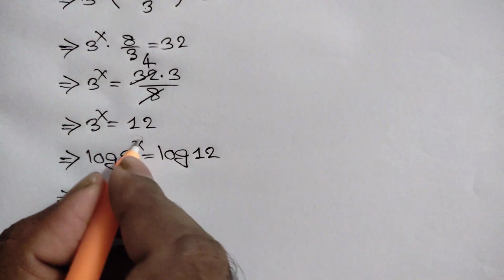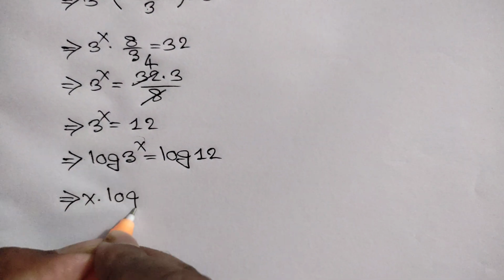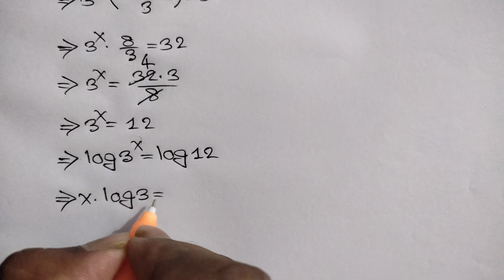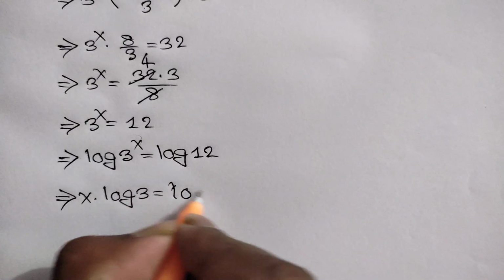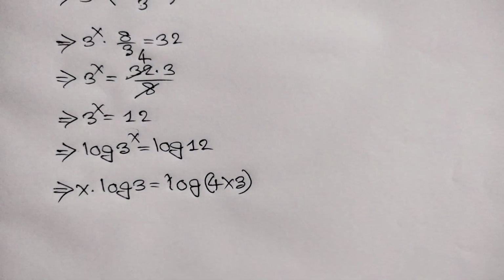Now this x moves here, so we will get x times log of 3 is equal to log of 12, and now this 12 can be written as 4 times 3.